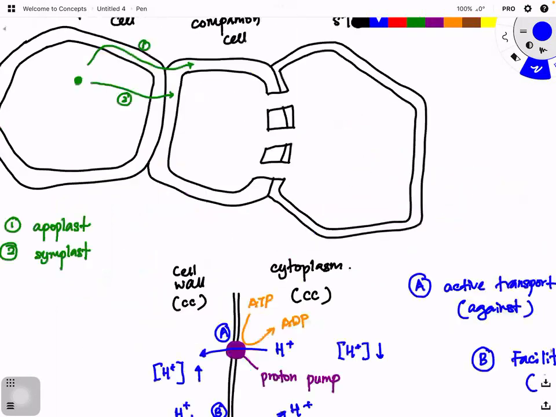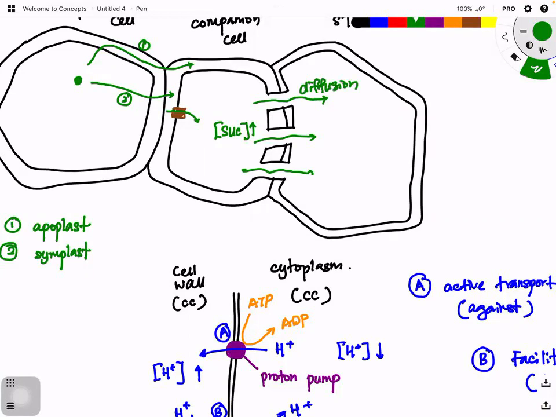So because of this co-transporter, sucrose now enters. The concentration of sucrose is high, so sucrose can now move by diffusion into the sieve element.